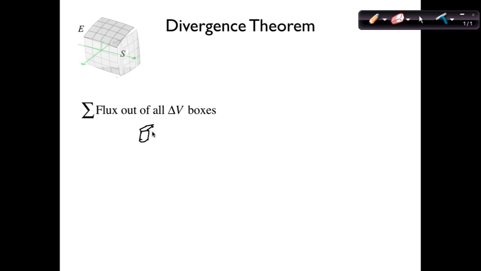So we've got all these little adjacent elements inside of E. And what would happen if we summed up, individually calculated the flux out of all those boxes? What would happen? Yeah, we get the flux through the whole thing, but then what would happen as we did that?